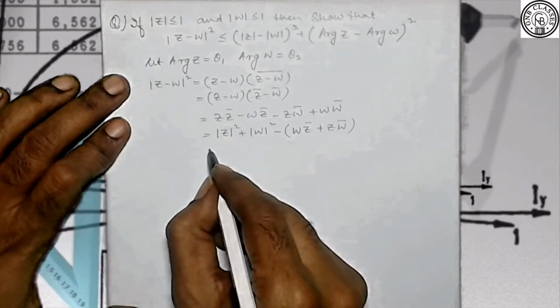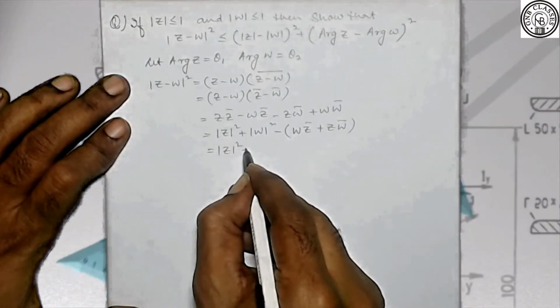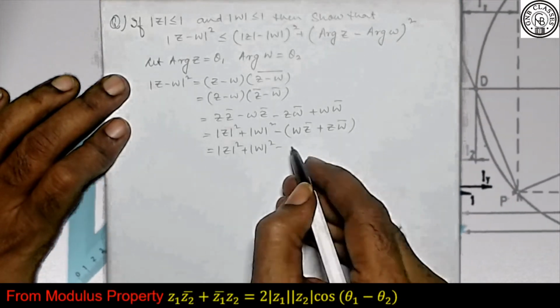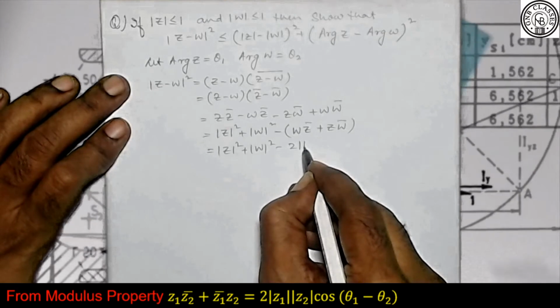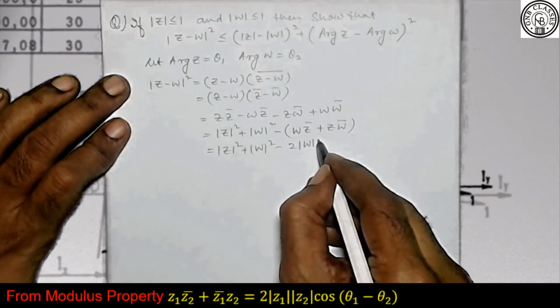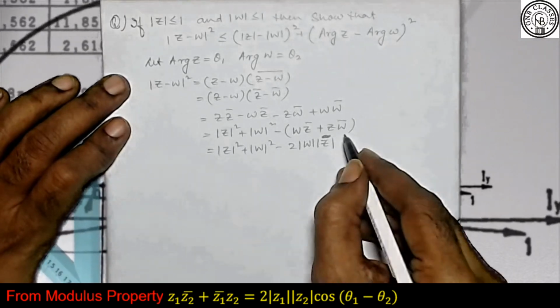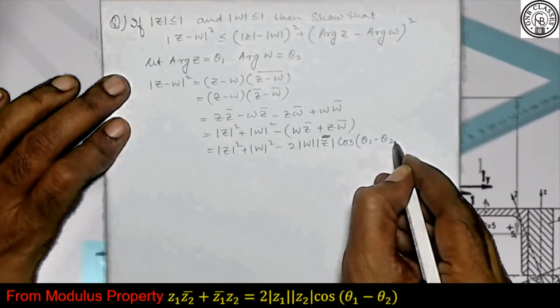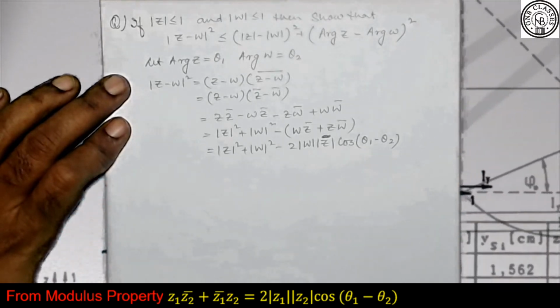Is it clear now? Now we know that w z bar plus z w bar can be written as 2 mod z mod w cos (theta 1 minus theta 2). Is it clear?